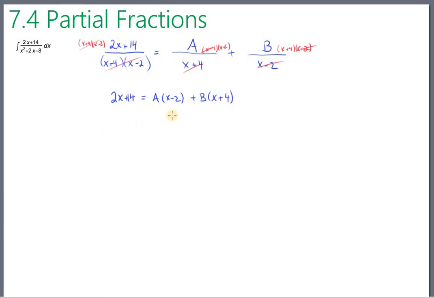And again, I'll try my substitution technique first and just say, well, if x equals 2, what does this equation turn into? So plugging in 2 for x, I get 18 equals, and this term will drop out, and I'll get b times 6. And dividing both sides by 6, I get that b is 3.